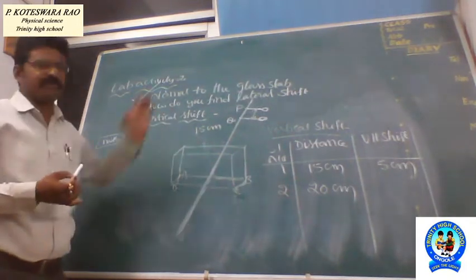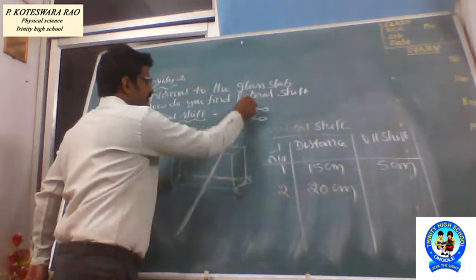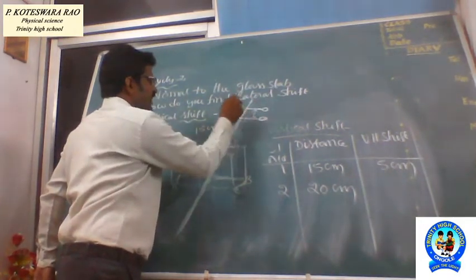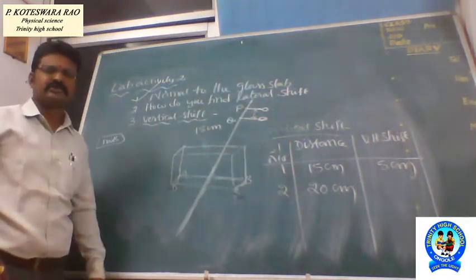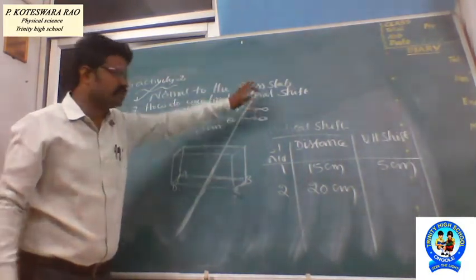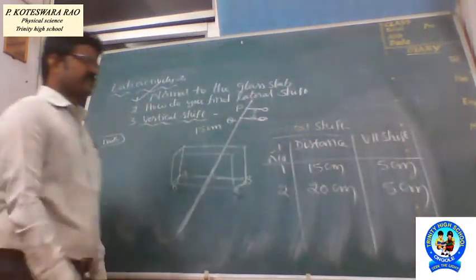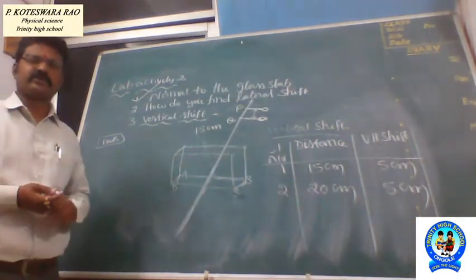Through this one it appears, but actually it does not touch this line. Then we can join this one and note the point as Q. Once again we measure the distance between these two. What about that one? That distance is also the same, 5 centimeters.